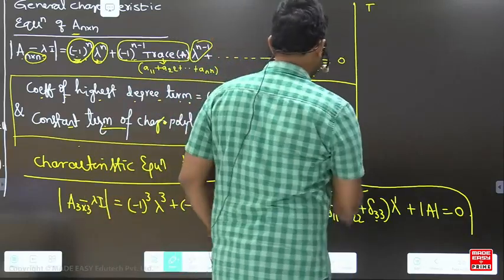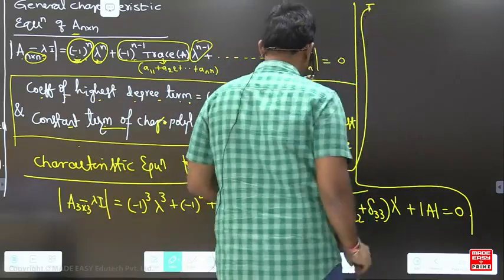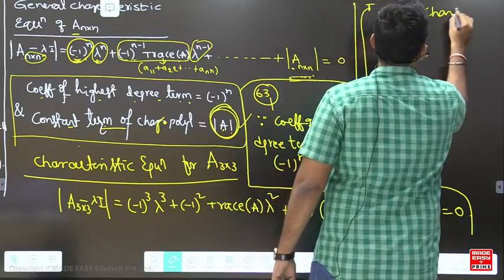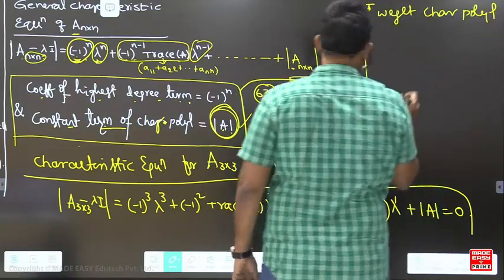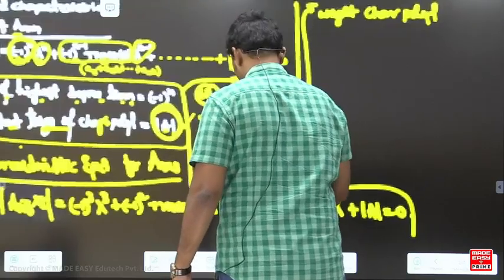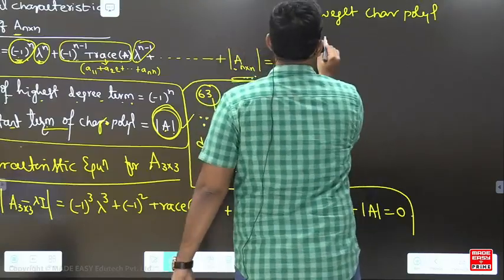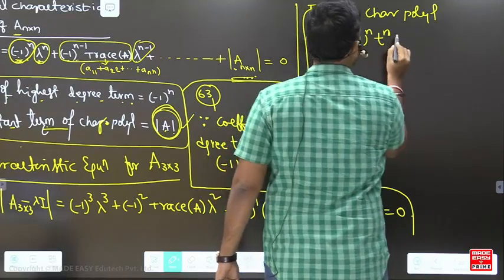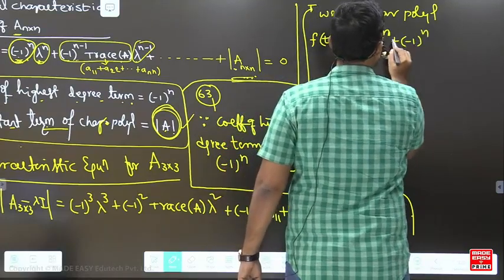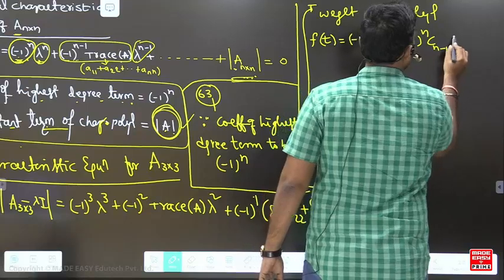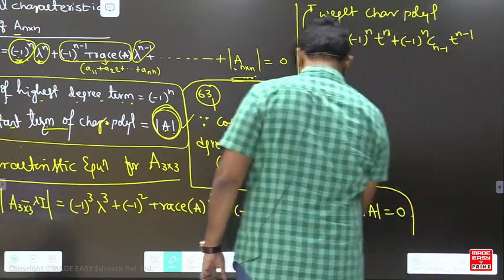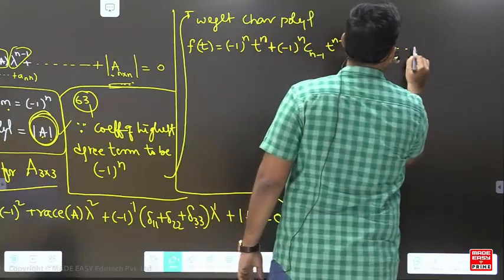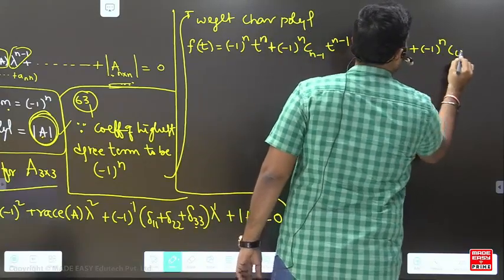Now, with minus 1 whole power n, we get the characteristic polynomial f of t equal to minus 1 whole power n t power n plus minus 1 whole power n c n minus 1 t to the power of n minus 1 and so on, minus 1 whole power n c naught.